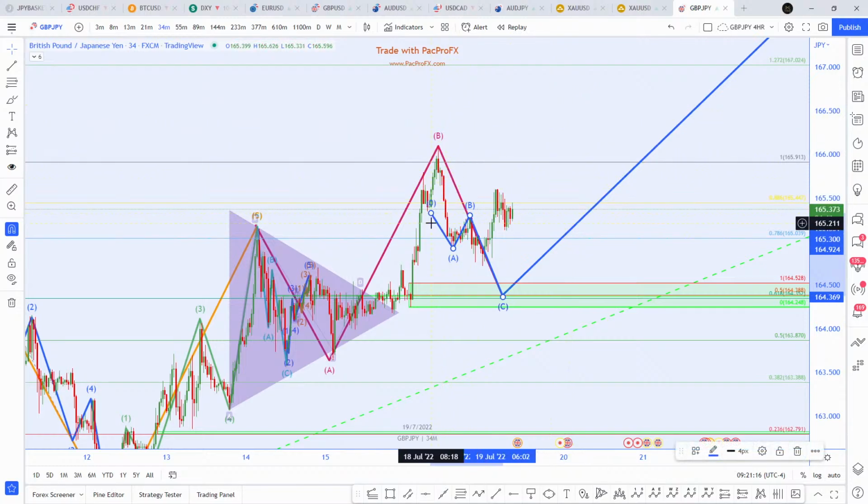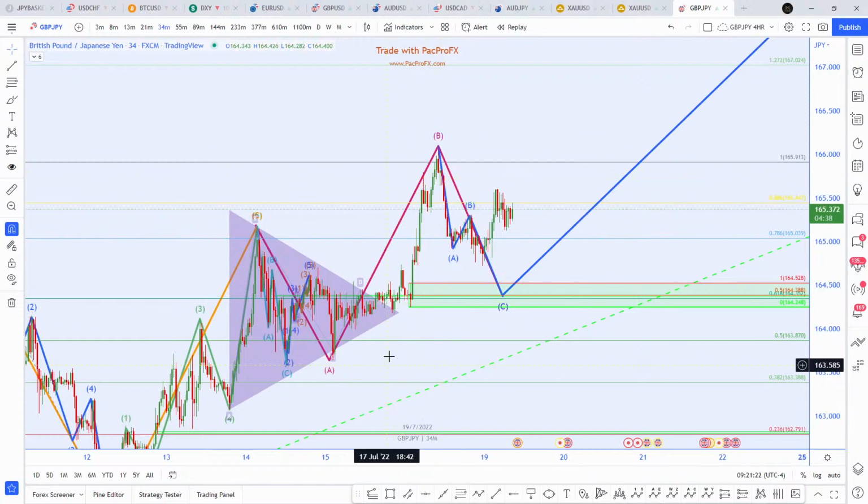And then what it may be doing, let's leave that there, is just a zigzag instead. But let's see.